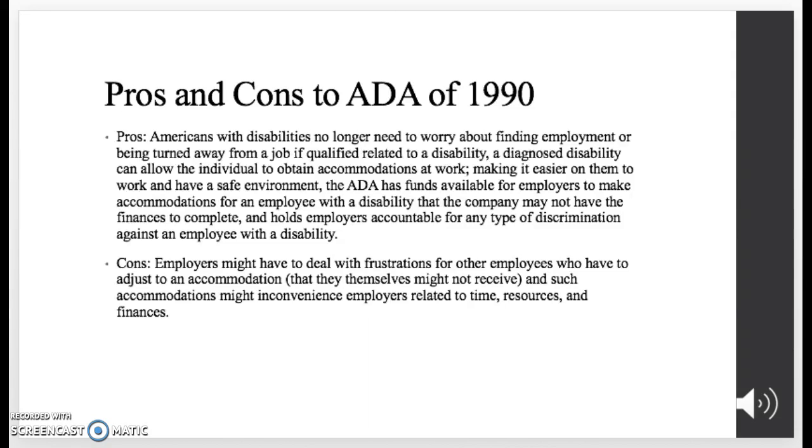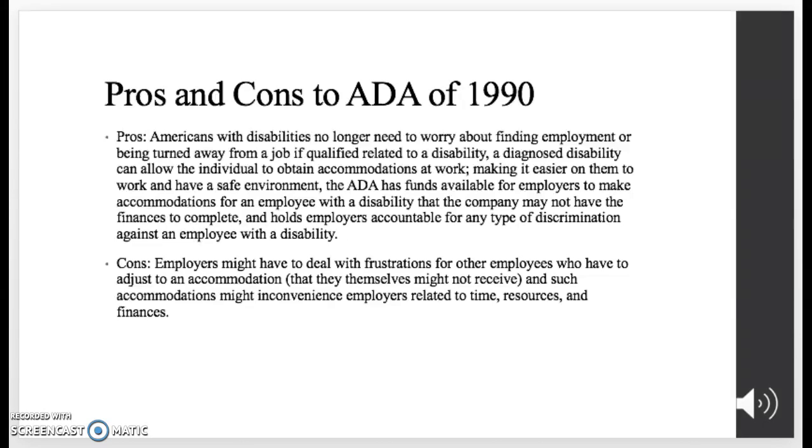The pros and cons to the Americans with Disabilities Act of 1990. Americans with disabilities no longer need to worry about finding employment or being turned away from a job if qualified, related to disability. A diagnosed disability can allow the individual to obtain accommodations at work, making it easier on them to work and have a safe environment.